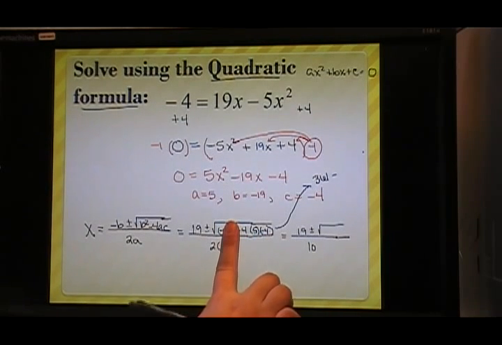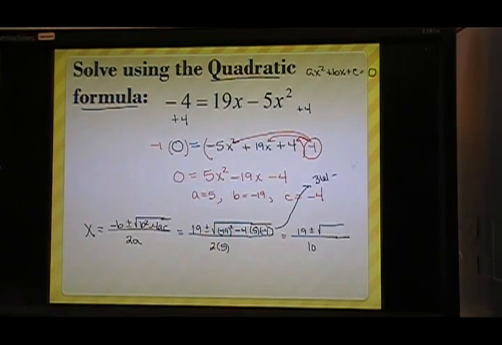So I ignore that for now, and I just multiply 4 times 5, which is 20, and 20 times negative 4, I get negative 80. Okay, so I have minus a negative 80, and minus a negative is plus. So this is 361 plus 80.